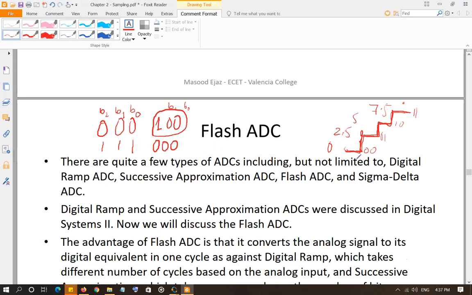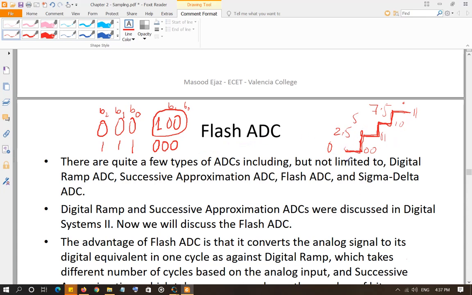Whereas for the digital ramp, if it's an 8-bit converter, you have 256 of these staircase levels. So if your input voltage is close to the 256th level, then it's going to take you 256 cycles to convert the word. So successive approximation is in general much more efficient as compared to the digital ramp.